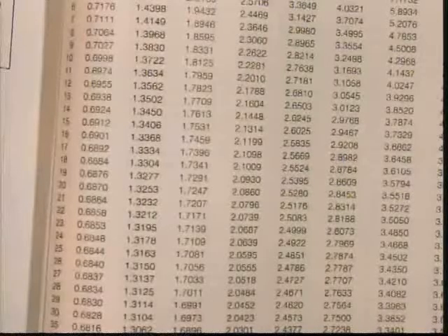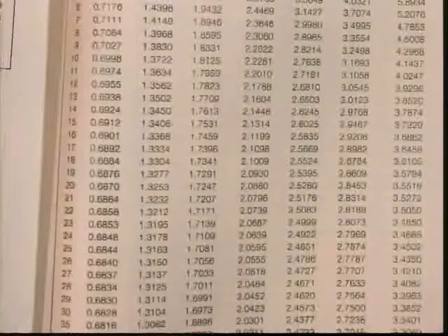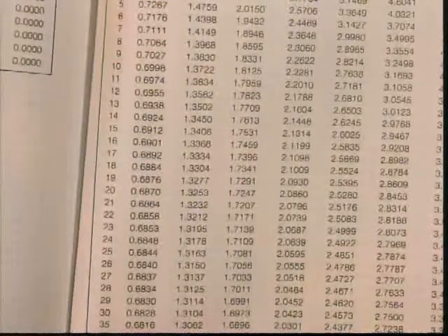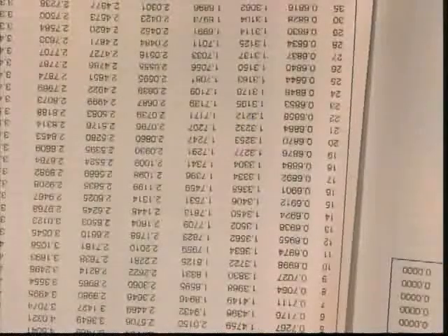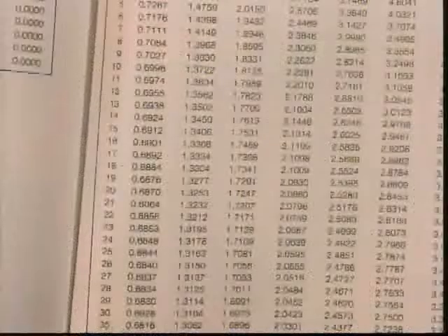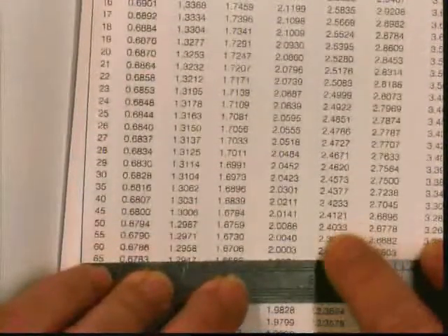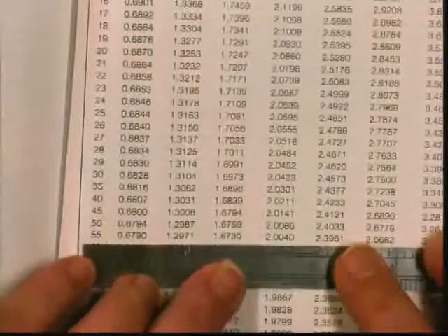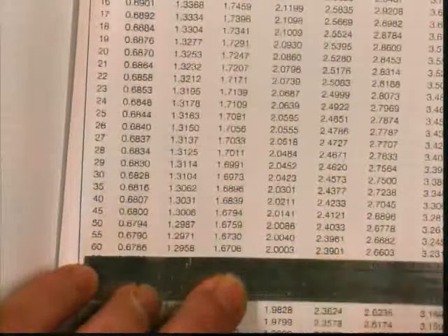In the 0.01 column, just the values here, 2.4033, 2.3961, 2.3901. 2.4033 is associated with 50 degrees of freedom, 2.3961 with 55, 2.3901, all in this column here. They're all very close together.